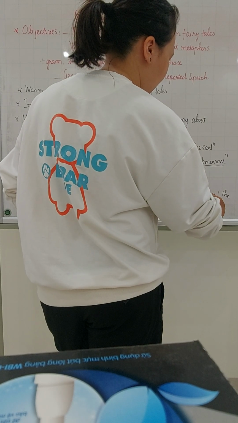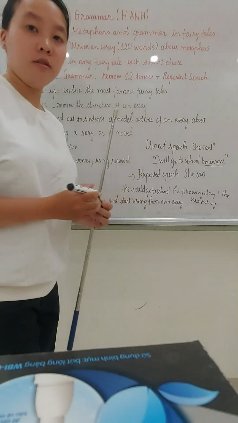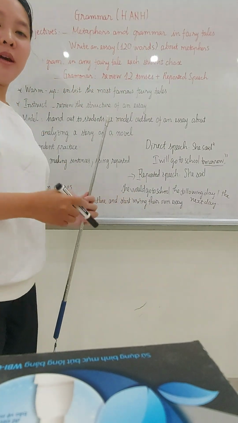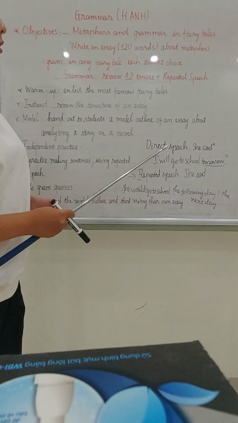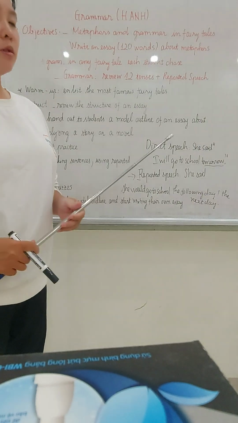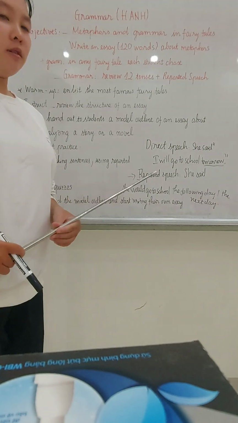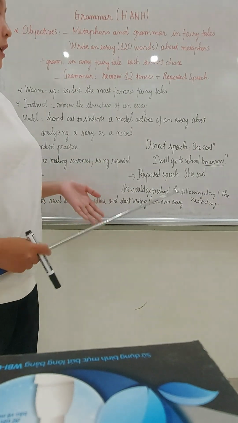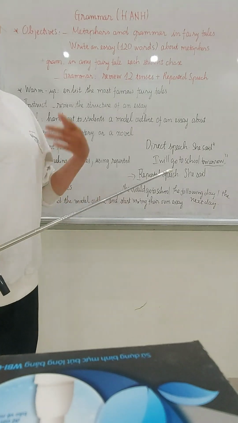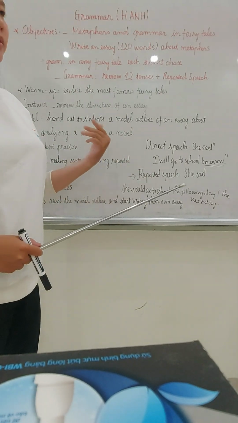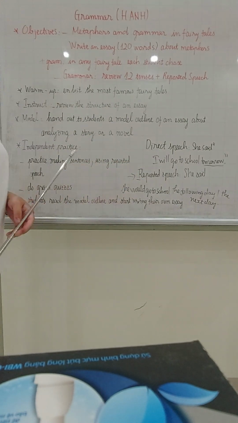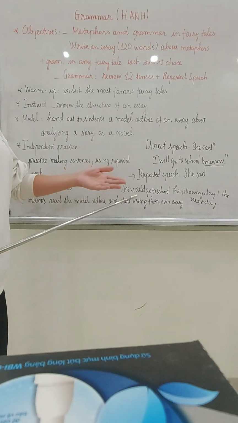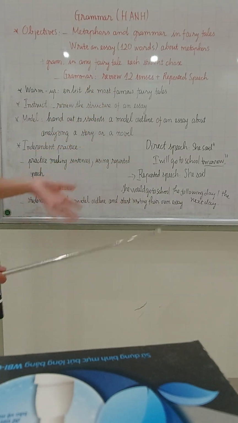So that is the example. So you guys work in pairs, and one student has a direct speech, and then the partner will change it into reported speech, and vice versa. You guys take turns and change together.